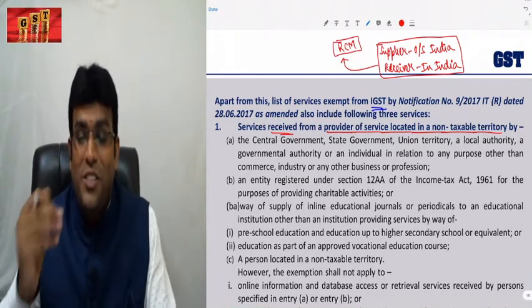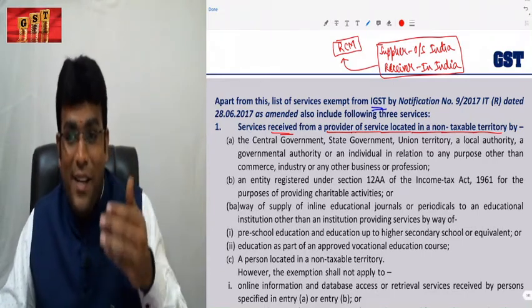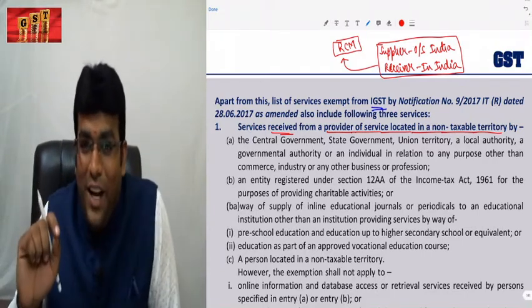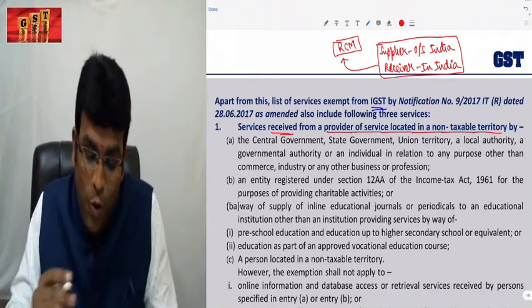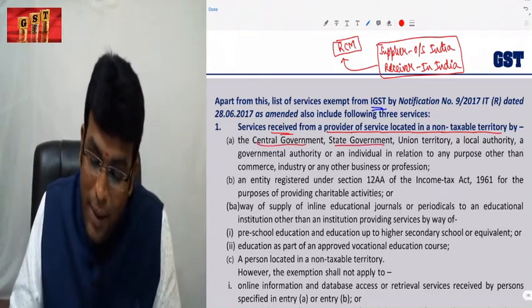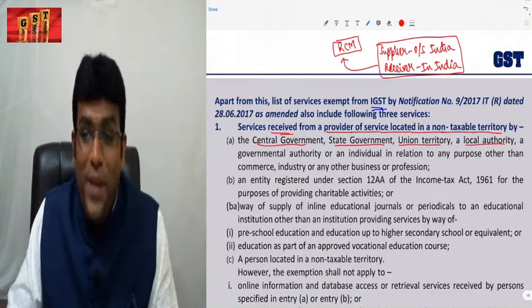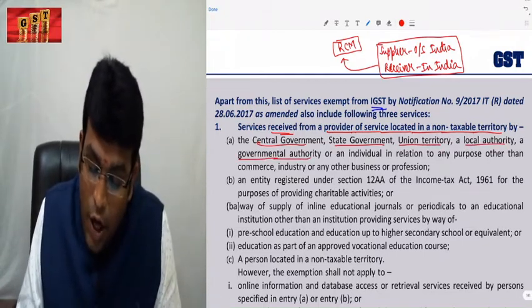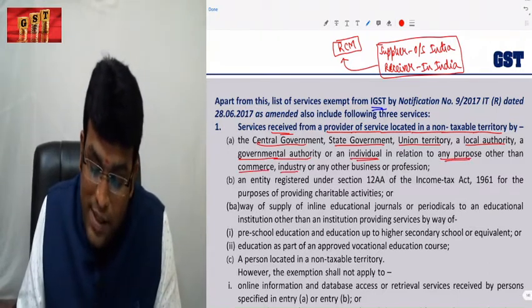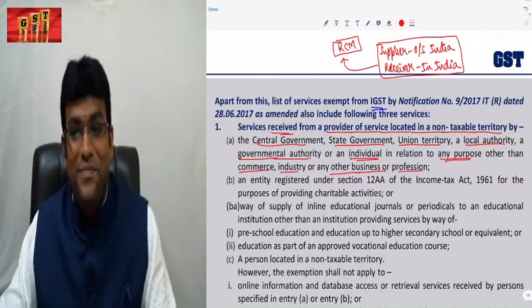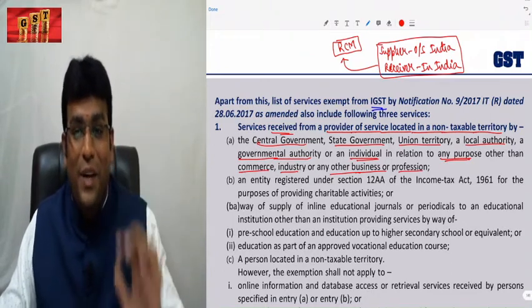Now, the extra interesting point we are discussing is services received from provider of service located in non-taxable territory by whom, sir? Central government, state government, union territory or local authority or a governmental authority or an individual in relation to any purpose other than commerce, industry or business or profession. Then it is straight away exempt, my dear friends.